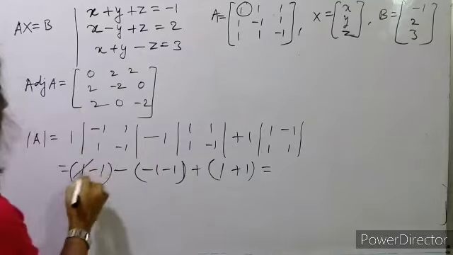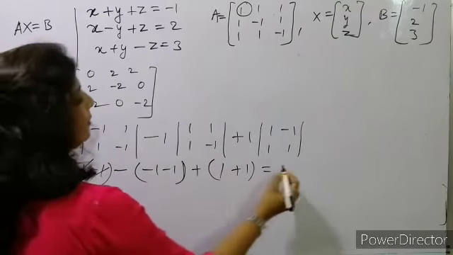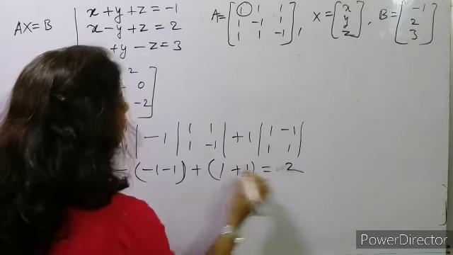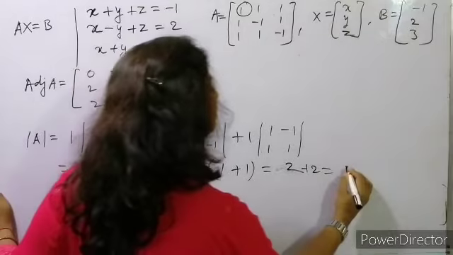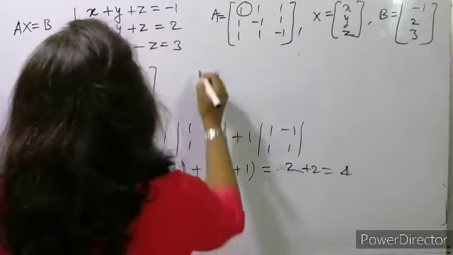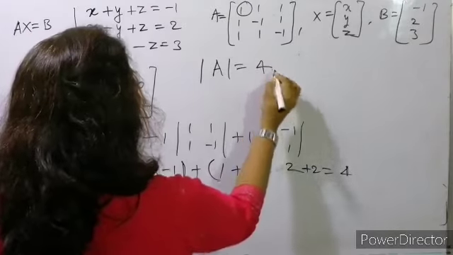Okay, so this is 1 -1 0. This is -2 and minus, so it becomes +2. So directly we'll write only 2 +2, so it will be 4. Here we'll write the determinant of the matrix A is equal to 4.